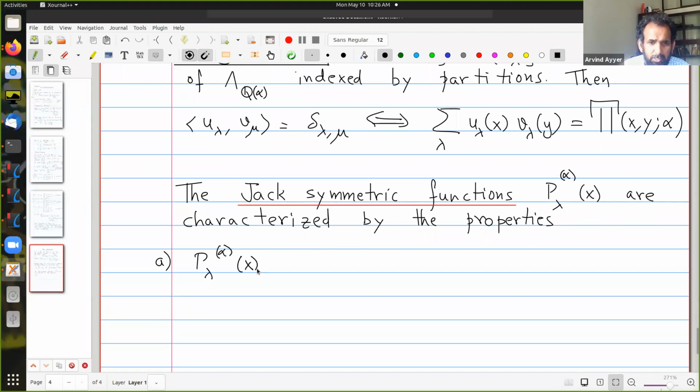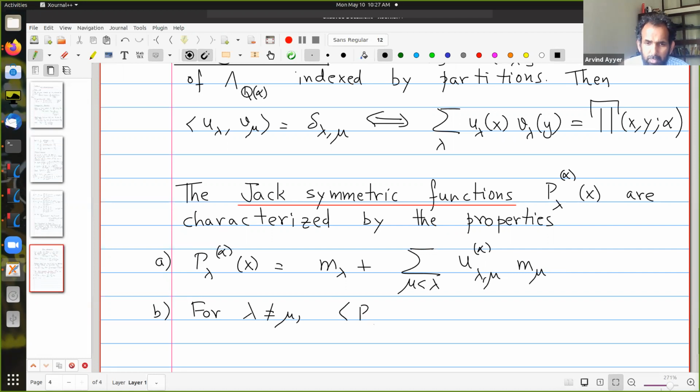They have a basis expansion in the monomials where the first term is m lambda with coefficient 1, and all the other terms have a mu less than lambda, with coefficient u alpha lambda mu. And the second is that for lambda not equal to mu, p lambda alpha, p mu alpha are orthogonal.